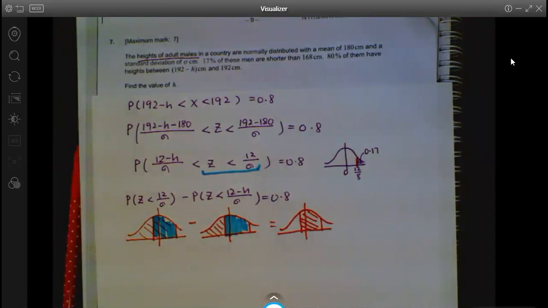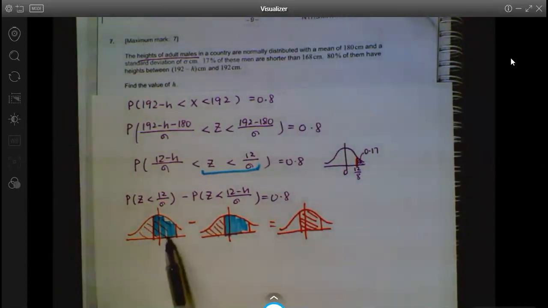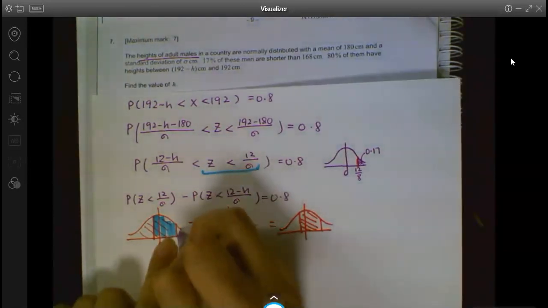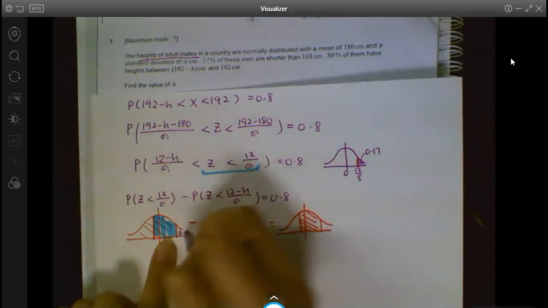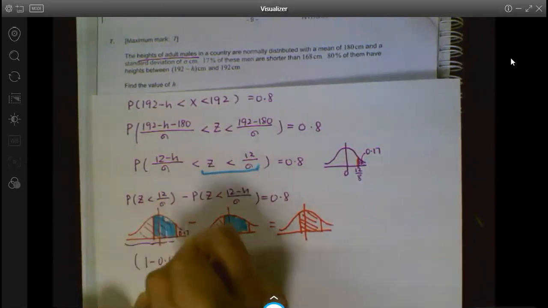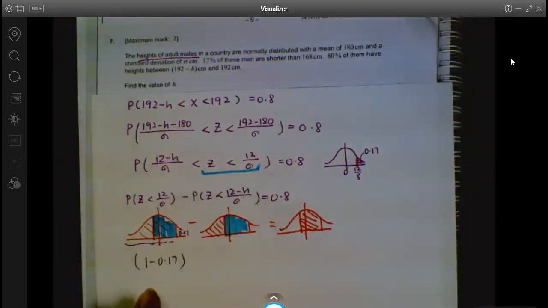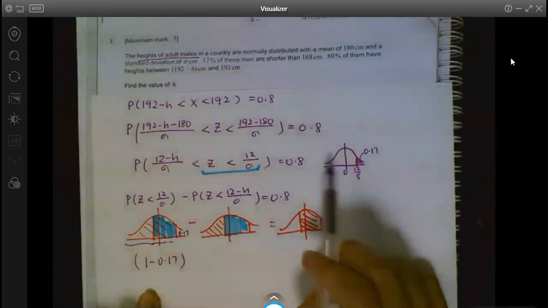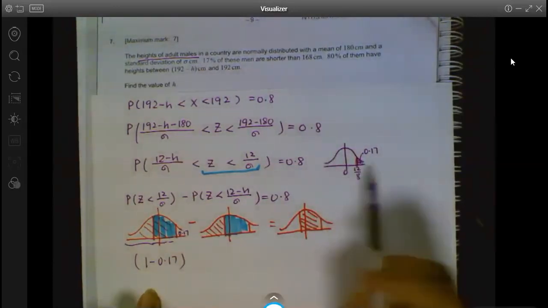Okay, so let's write in math. So this first one, if this part is 0.17, this part would be 1 minus 0.17. It's from 0.17, which is from the previous part where we have negative 12 over sigma.